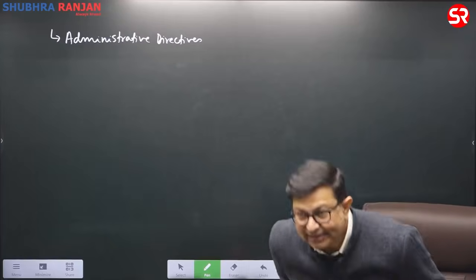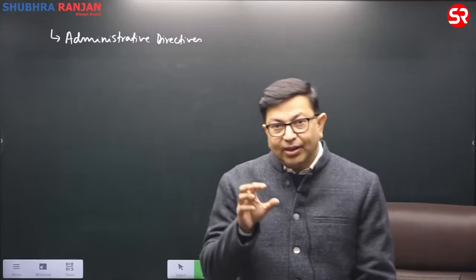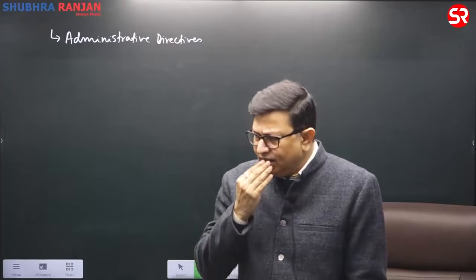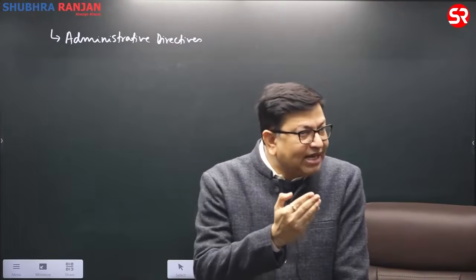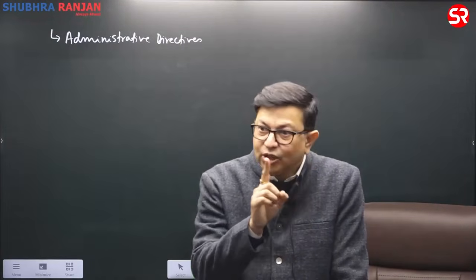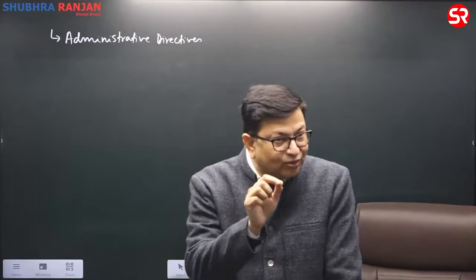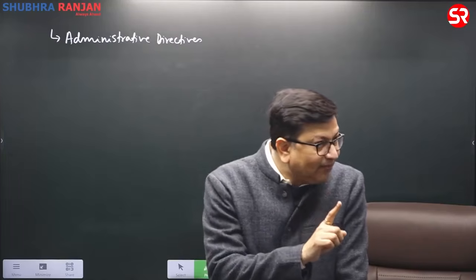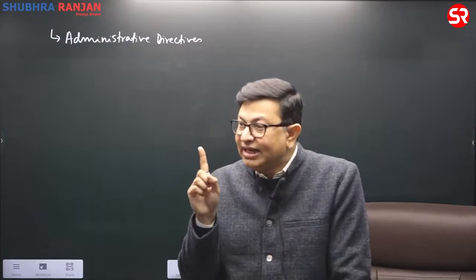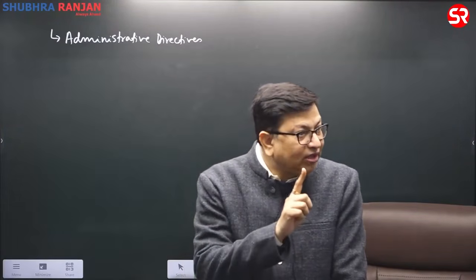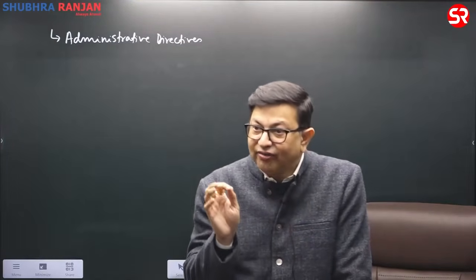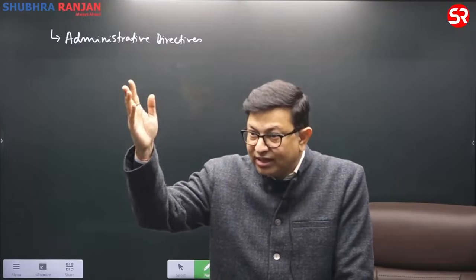Article 256 says that the parliamentary law has to be implemented by the state executive. I am telling you the summary. And the union executive can give directions on how these laws have to be implemented. The rules have to be prescribed. Then Article 257 clause 2 holds that the union executive can give directives to the state for the construction and maintenance of the communication links of national and defense importance, like the wireless towers of the defense.